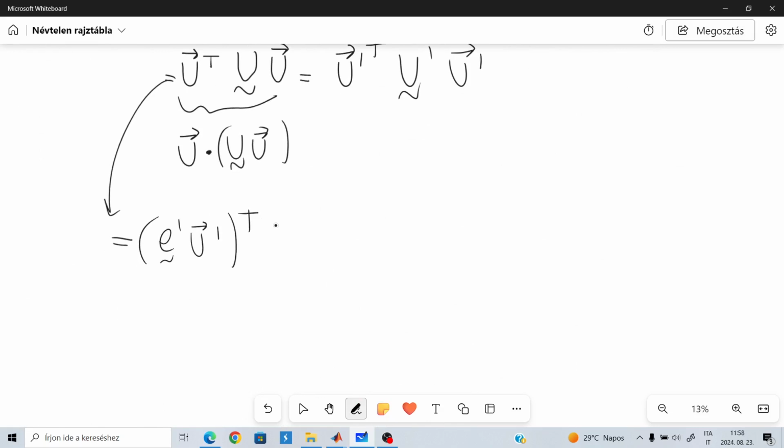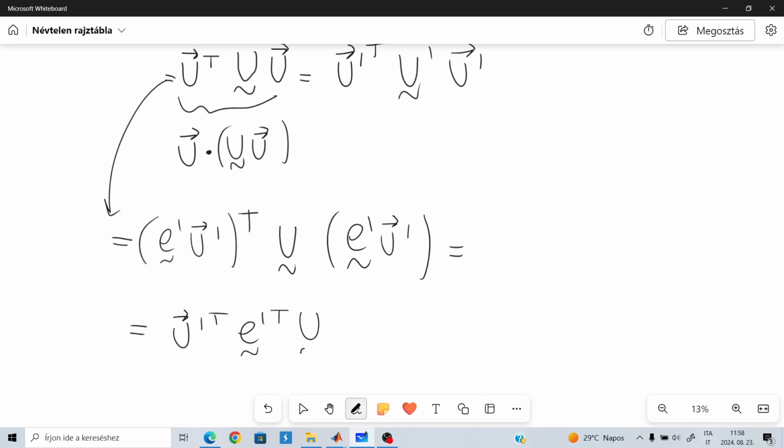And now I will leave U tilde here, and then I will also have to substitute E prime, U prime in place of this U here. This can also be written as this transpose here is equal to U prime transpose, E tilde prime transpose, U tilde, E prime, U prime.